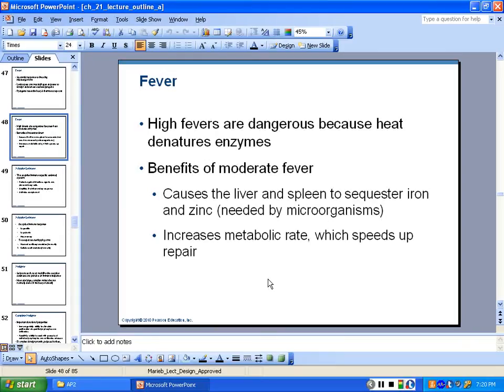For 8 hours they've been 102. 102 is not enough to denature your proteins, it's pretty low. But for a super long period of time, it's not good. But if they've been 99, 100, 101 in that range, it's kind of one of those judgment calls, because that's the body showing you that it's fighting.